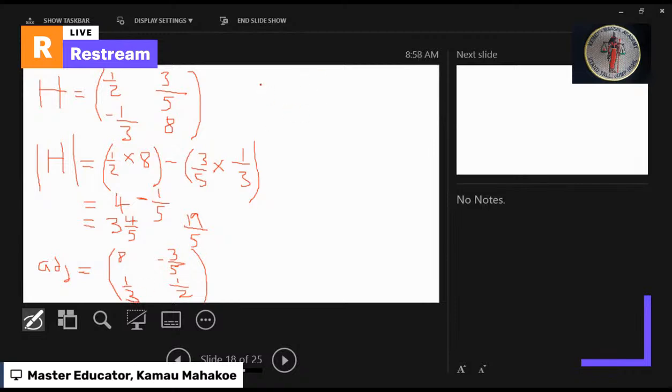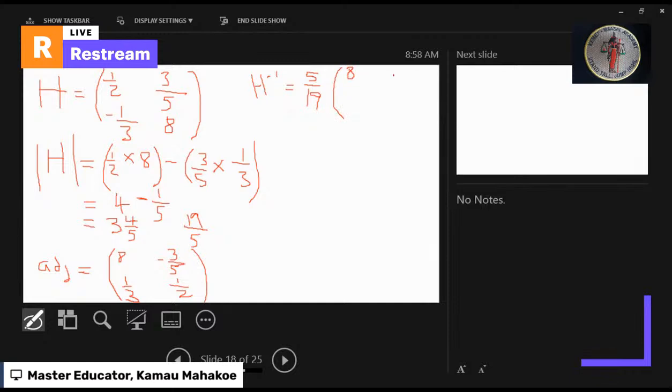So the inverse of H, so that would be 19/5. Oh, it's the inverse one. So we need it to be 1 over 19/5, so we're going to reciprocate the 19/5. So it will be 5/19 times the adjoint.